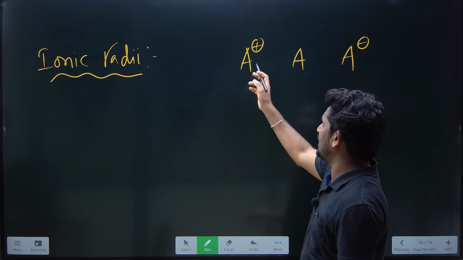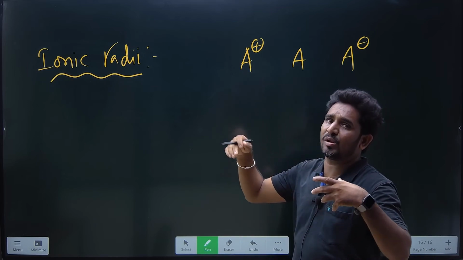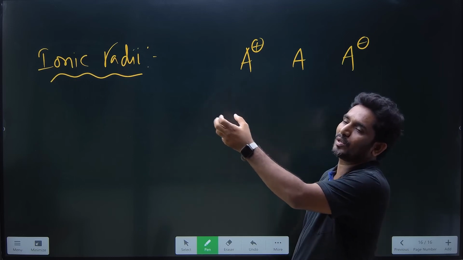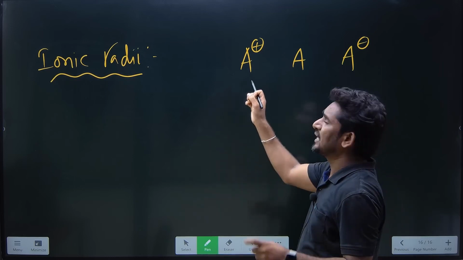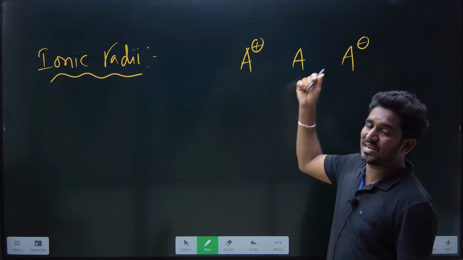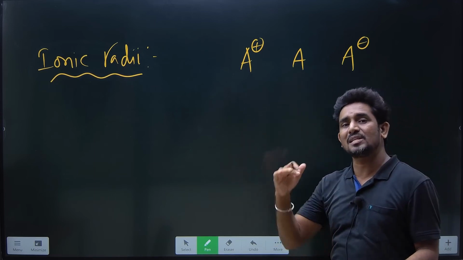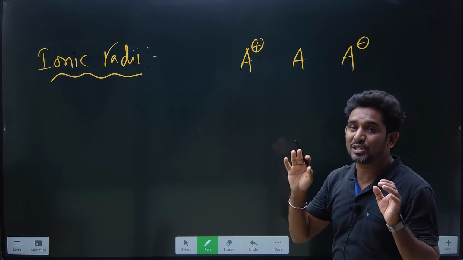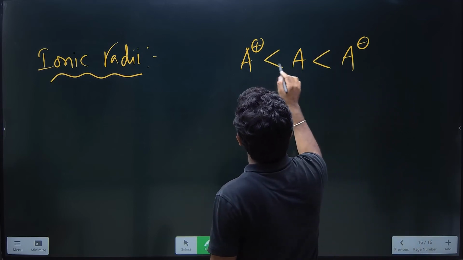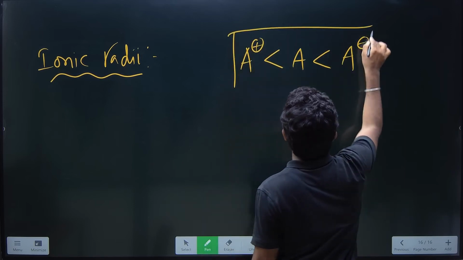Because look here, with more positive charge, effective nuclear charge is more. If the effective nuclear charge is more, it will pull outer electrons inside, so size decreases. अब इसमें electronic repulsions are more, इसमें screening effect is more, so what happens? Size increases. So which is more in size now? Anion का ज़्यादा है, and then neutral and सबसे least cation का size.